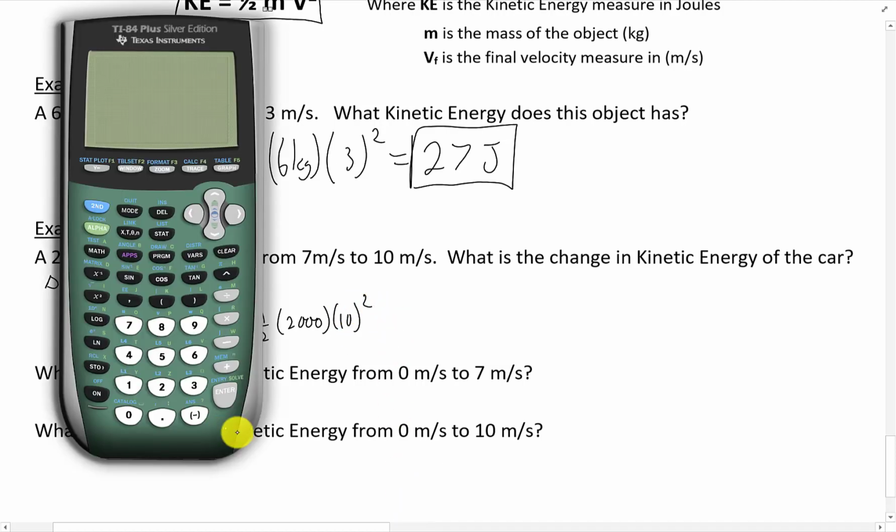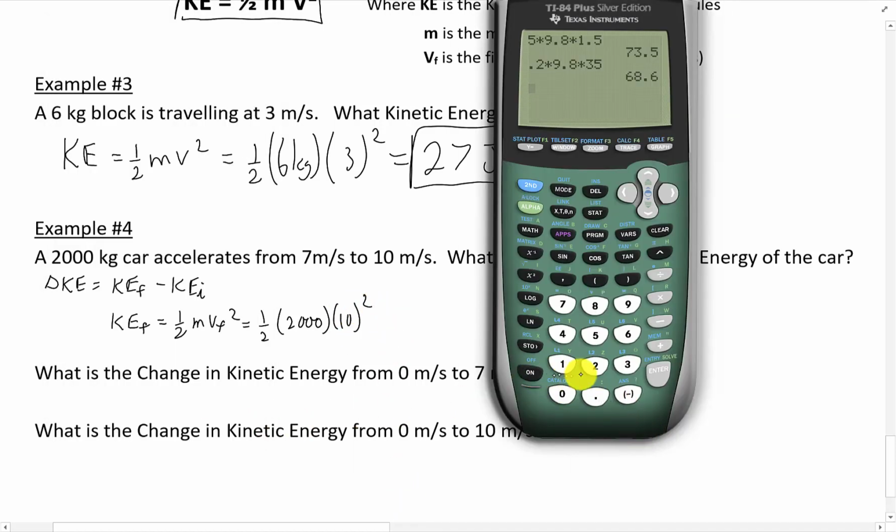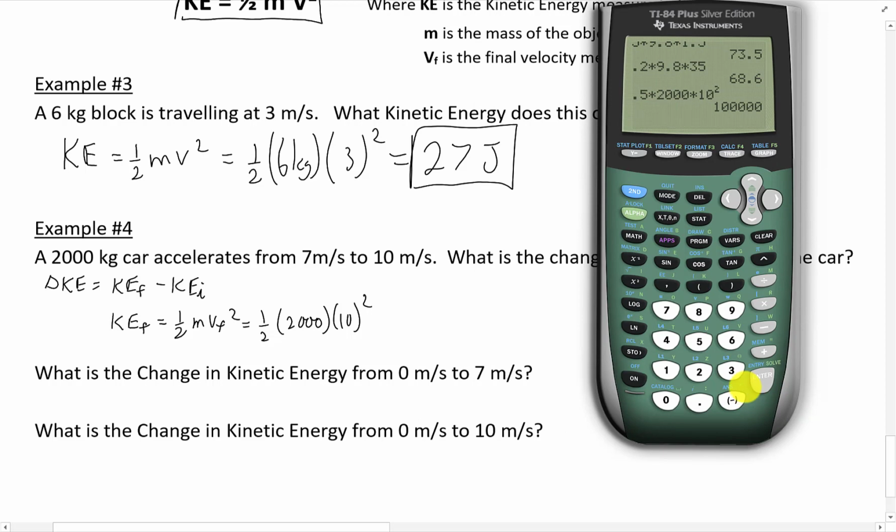Let's put this into the calculator, and it's going to be a nice number. 0.5 times 2,000 times 10 squared is, ooh, nice, as I said, 100,000 joules.